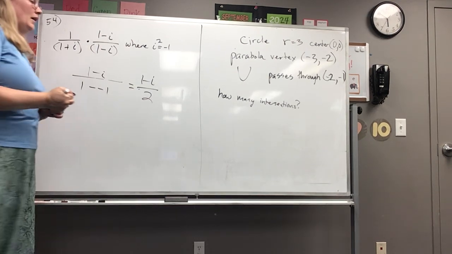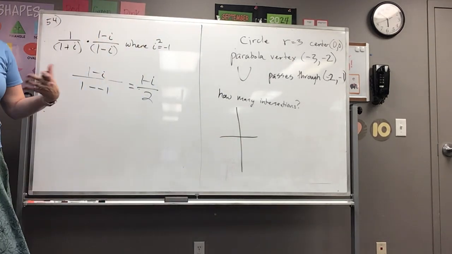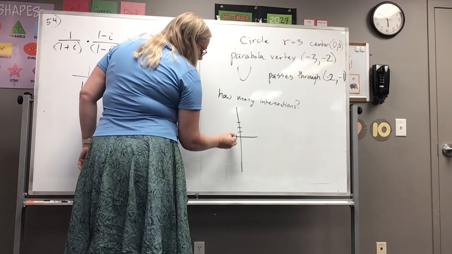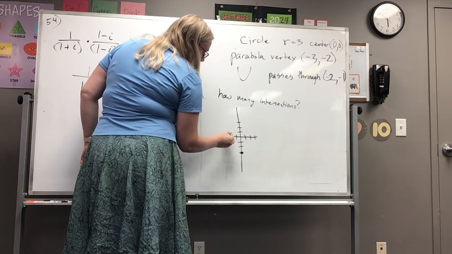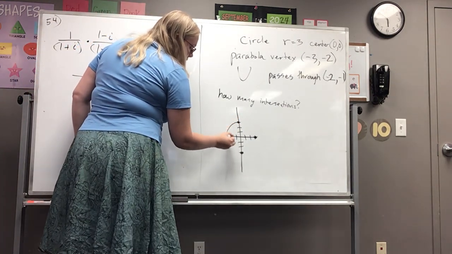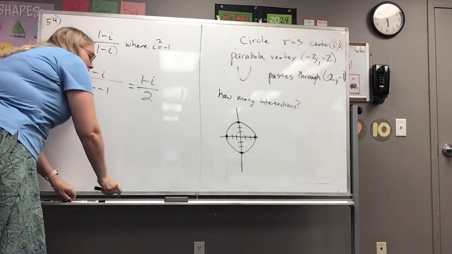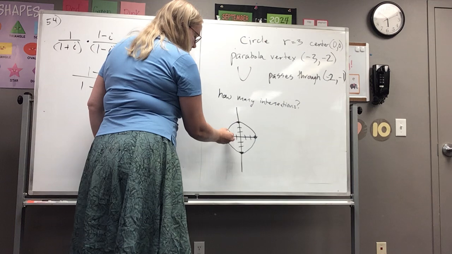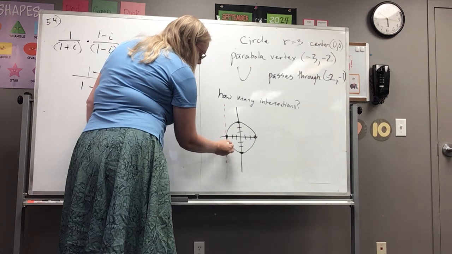So, this is a very conceptual problem where you're understanding what's going on. If the radius is 3, it's going to be meeting at these 4 points and just curving through them. If our vertex is at -3, -2, it's the same lineup as right here, but it's only 2 down.